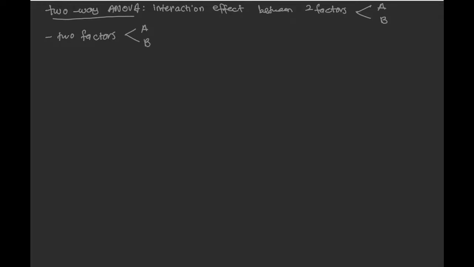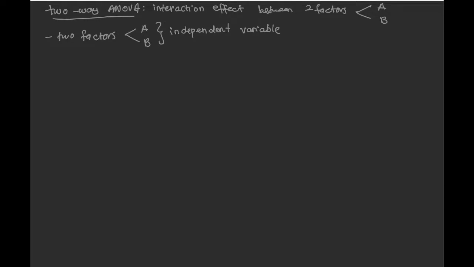Two-way ANOVA, what is the purpose of two-way ANOVA? We want to test, is there any interaction effect between two factors? So in two-way ANOVA, you will have factor A and factor B. Two-way ANOVA means that you will have two factors, factor A and factor B. These two factors come from the independent variables, and you will only have one dependent variable.